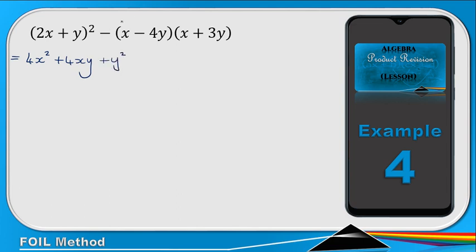Okay, now moving on to this one. This is a negative, so be careful. When you have a negative and you have stuff in brackets, you still have to keep your brackets until you've actually multiplied out the negative. So we just keep our brackets and do this multiplication. So we're going to FOIL it. x times x is x squared. x times plus 3y is plus 3xy.